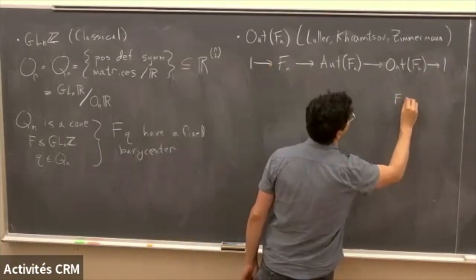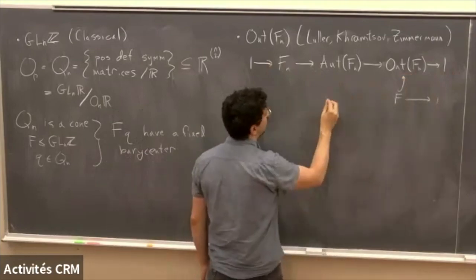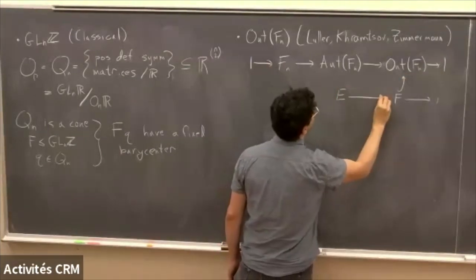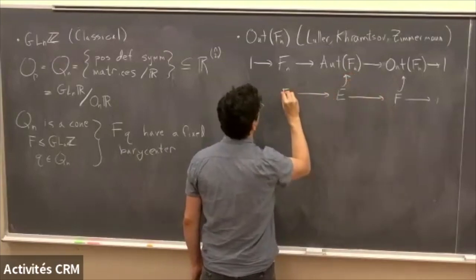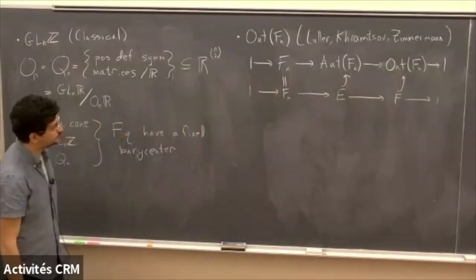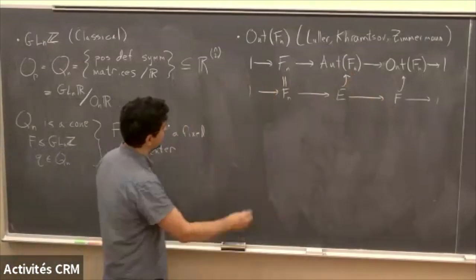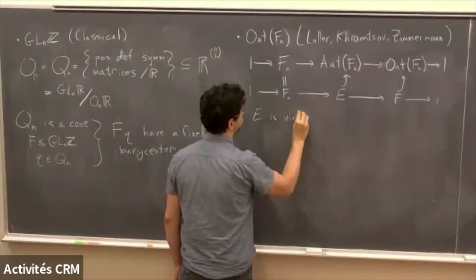So if I take some finite subgroup in Out(Fn), I can pull it back to Aut(Fn), and I'm going to get some extension of the free group by a finite group. Okay, and so this E is virtually free.